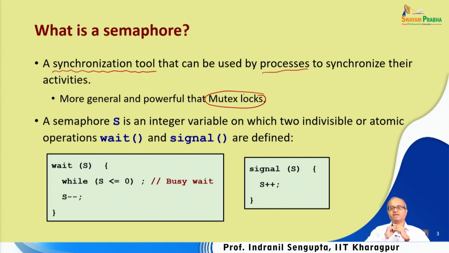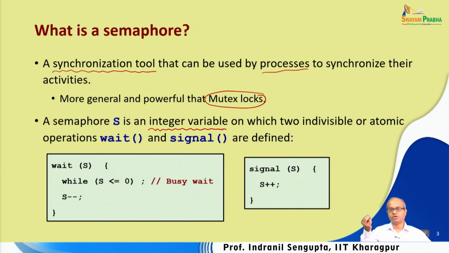Now, the first thing is, what is a semaphore? Technically speaking, as I said, a semaphore is essentially an integer variable. Not only that, in the definition of a semaphore, there are three things you have to specify. First is that it is an integer variable, and second and third are there are two operations that are defined on that variable.